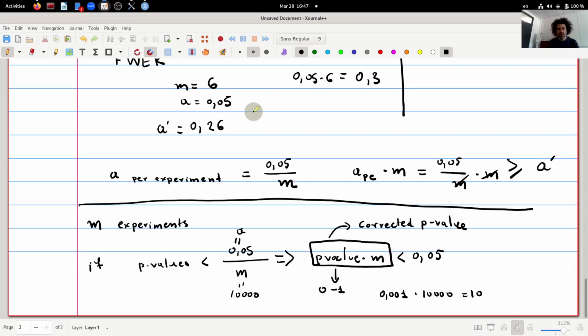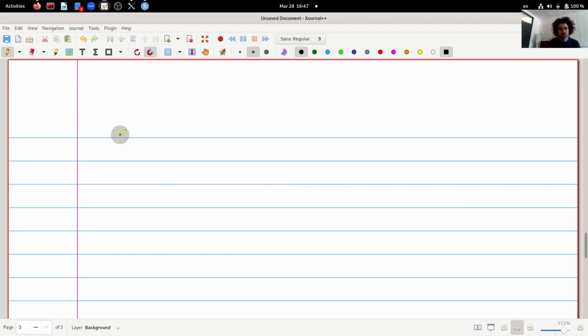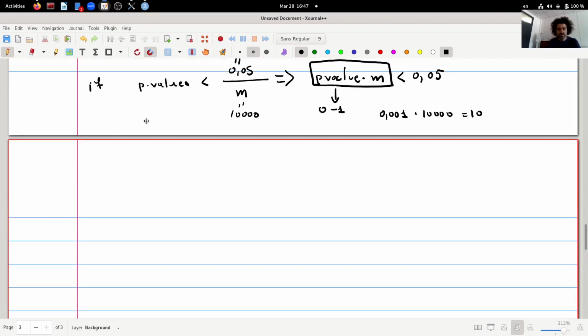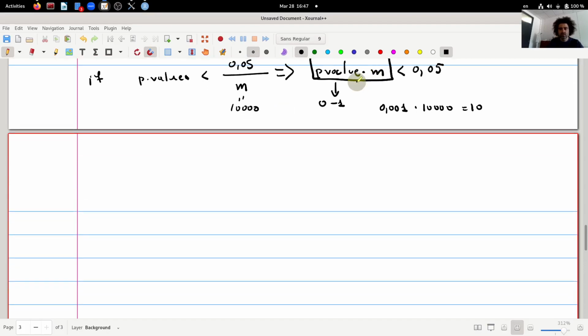Okay, in R, the function that we use to correct the p-values and get a number like that is the function p.adjust. And this method, where we just multiply the p-value with the number of experiments, is called Bonferroni correction.